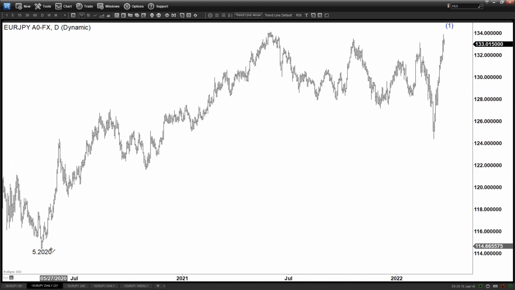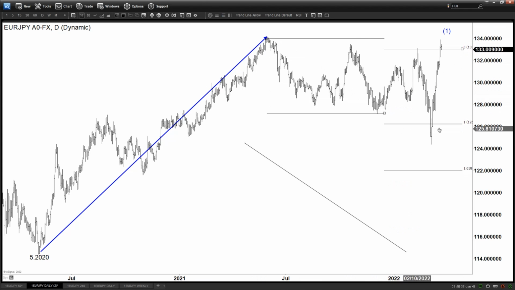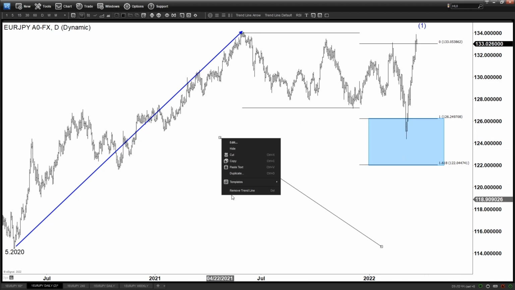Now you can see right here we rally and top out in June 2021. Then we got this massive consolidation, and then reaction lower over here. And by the way, if you measure the extension, another perfect 100%. Look at this. Every correction is always at the 100% extension, right?